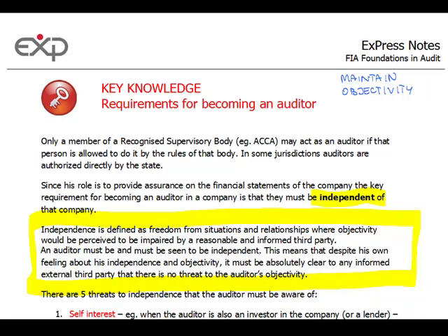Now, importantly, you see there's the word perceived. So the auditor must not only be independent, which is his own state of mind, but he also needs to be seen as independent.